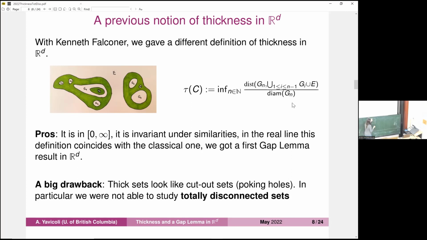And there are no gaps. So this is bad for our definition, and our thickness was going to be 0 in this case.